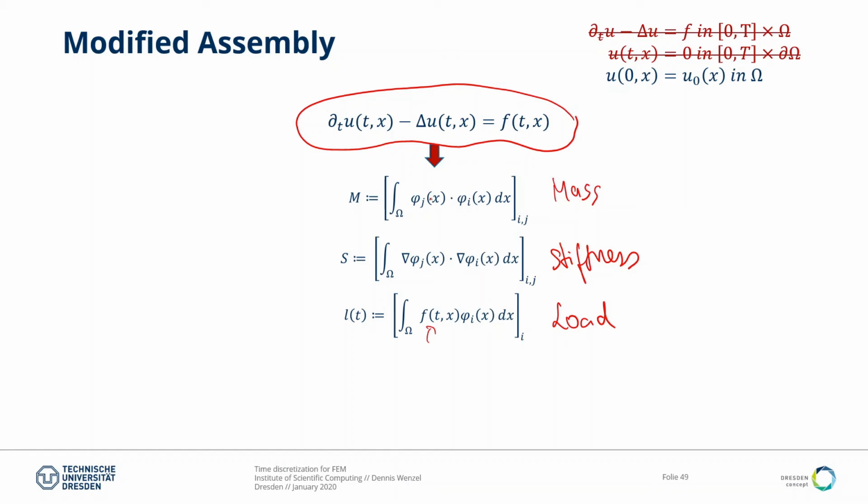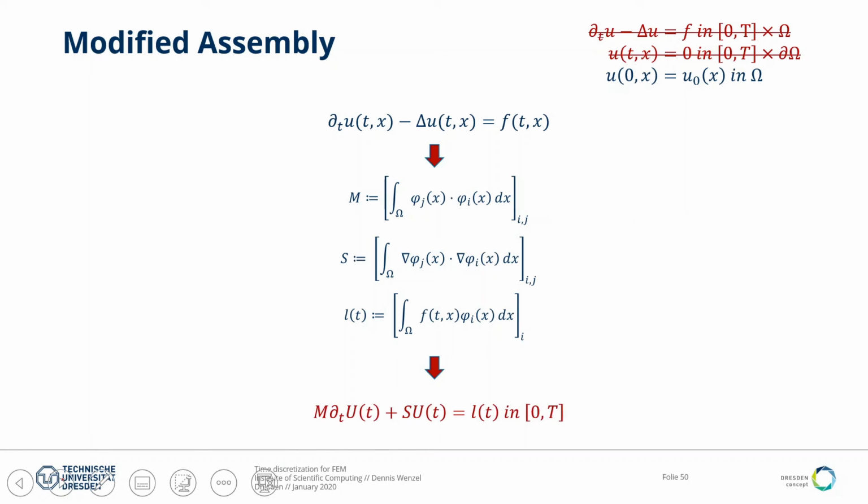If you integrate over the variable x, you end up with something that definitely does not depend on x. So m doesn't depend on x, s doesn't depend on x, and L doesn't either. So you end up with a system that reads like this: mass matrix times time derivative of u plus stiffness matrix times u equals load vector. And this is the standard scheme that you always have when talking about time-dependent PDEs.